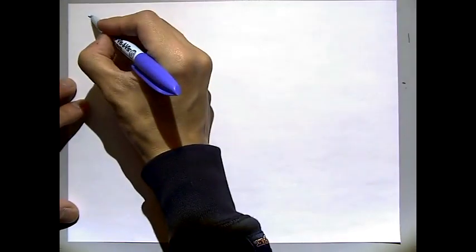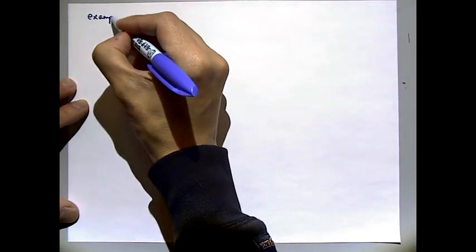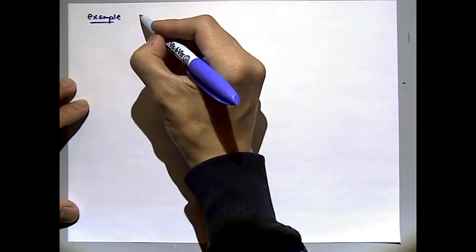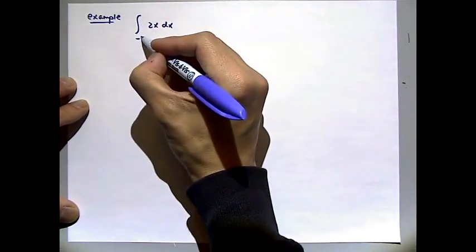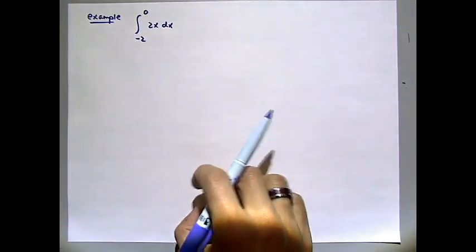Okay, let's check out this next one. Let's look at the area of the same function, 2x. But this time, we're going to start at -2 and end at 0.